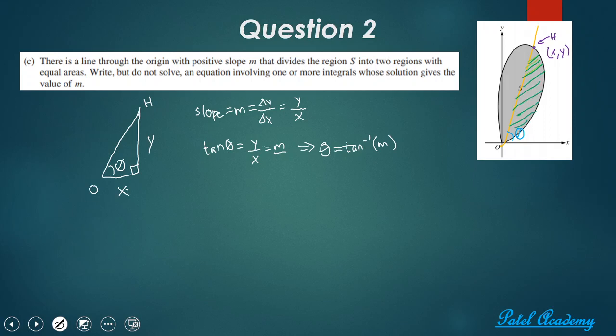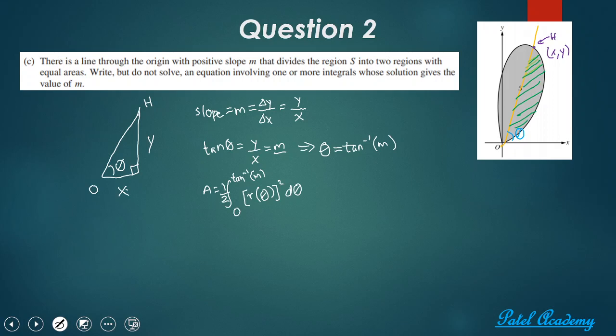So that first region, if we consider the area, was the integral from 0 to our new theta value, the inverse tangent of m, of our function r at theta squared, the integral taken with respect to theta. Alright, that's just the area of that first section by the definition of, oh sorry, there's a 1/2 as well in front.